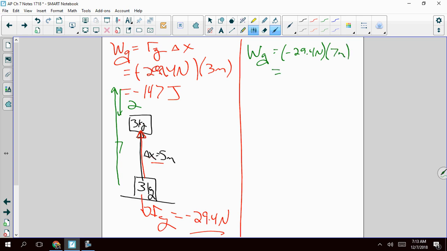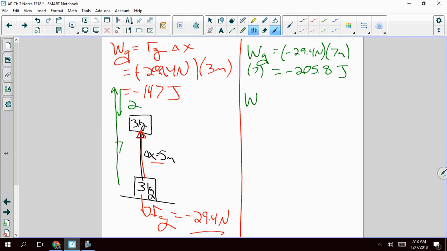Okay, and that gives us negative 205.8 joules, sorry. So that's how much work we did going up, so that's for the 7.